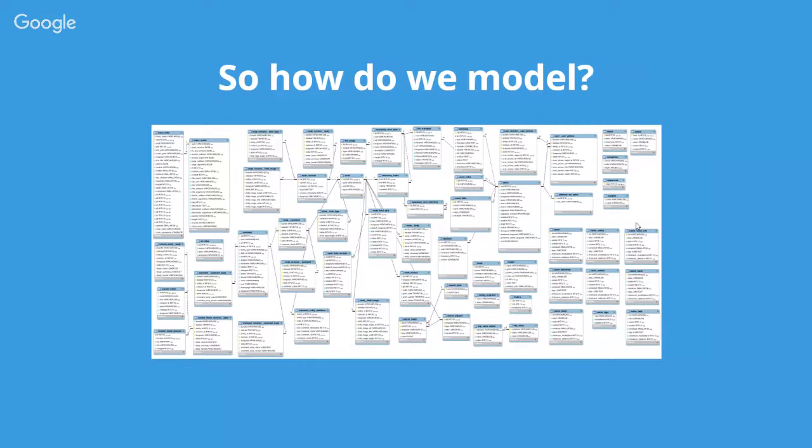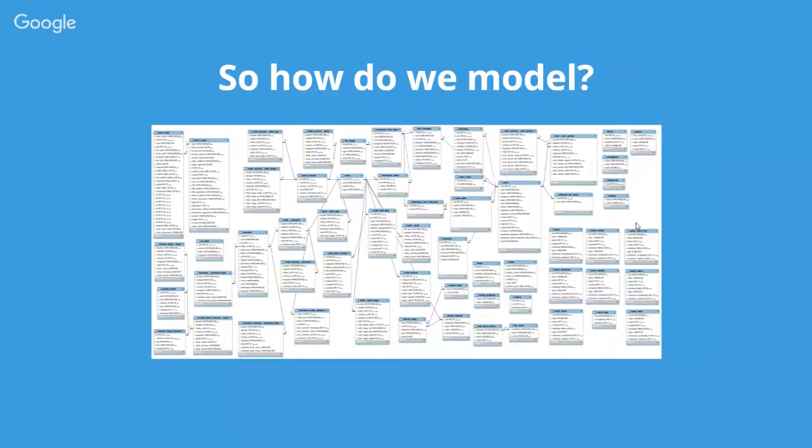The point I want to make here is I can't even read all these tables, but really the point is we can't just look at a system and say right away, I know exactly what dimensional data modeling needs to occur. That's just impossible. What we really need to do is follow our process, and we need to ask the business what they want to understand about their data.